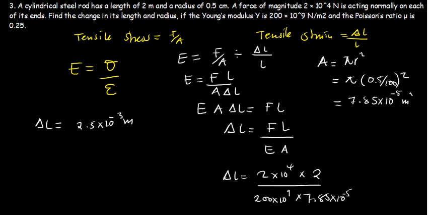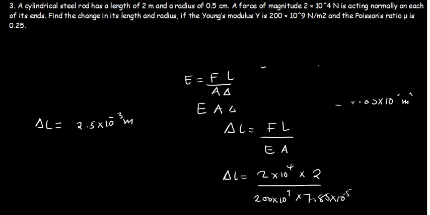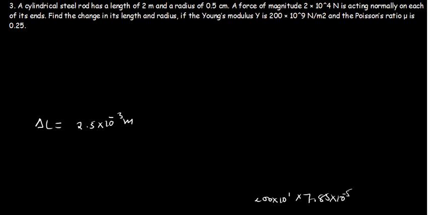Now the other part we are remaining with is to determine the change in radius. Remember we mentioned Poisson's ratio at the very beginning. And what did we say about it?